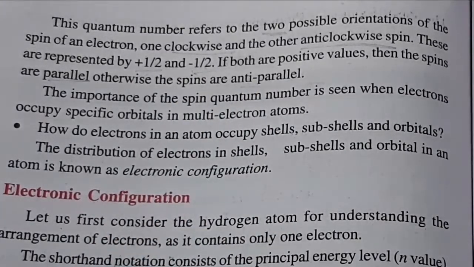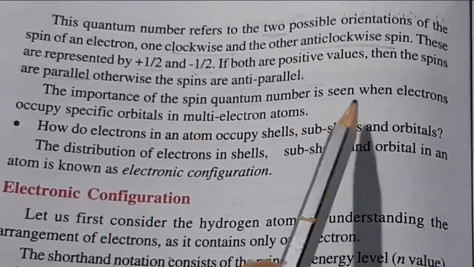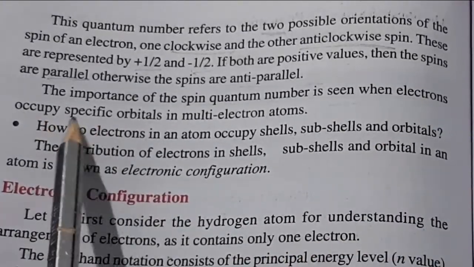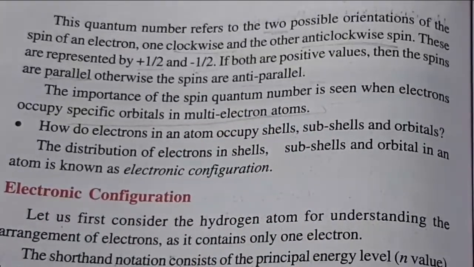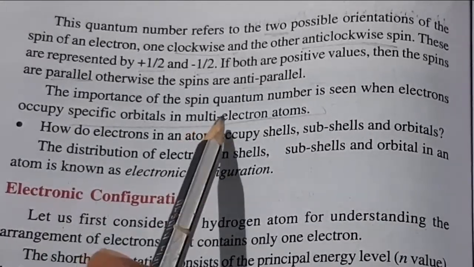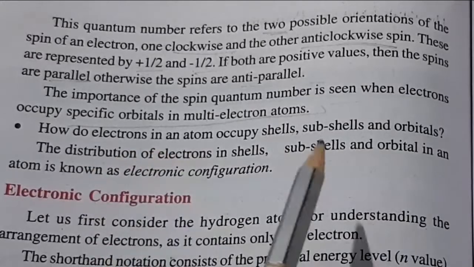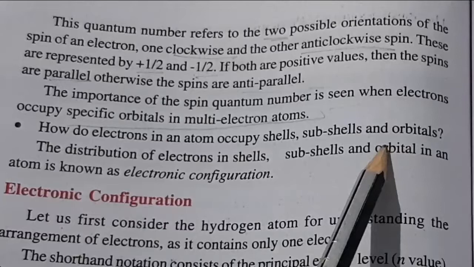So what is the importance of the spin quantum number? Its importance is seen when electrons occupy specific orbitals in multi-electron atoms. While filling the electrons in the orbitals of multi-electron atoms, we can know the importance of this spin quantum number. So how do electrons in an atom occupy shells, subshells and orbitals?